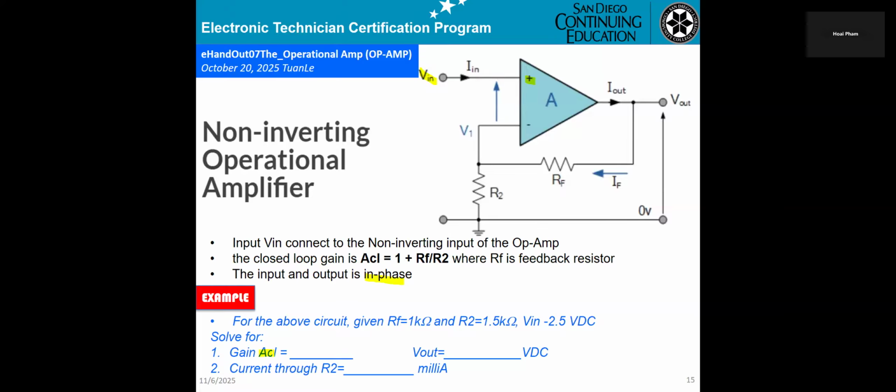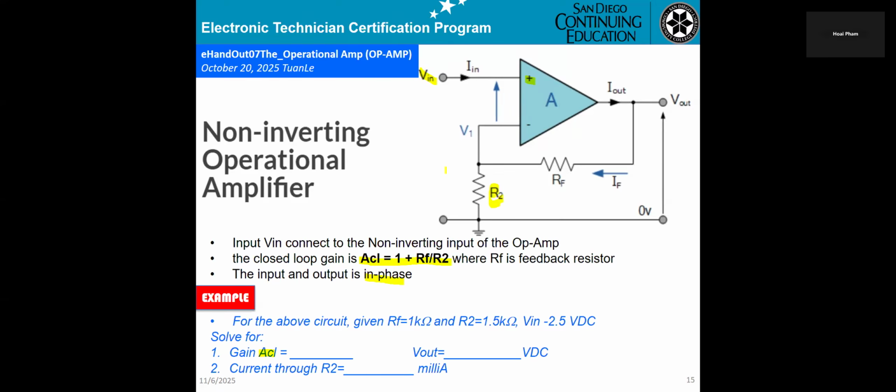You already know ACL equals 1 plus RF over R2. And they want V out. Take V in times the gain, and you get V out. And now they want the current through R2.